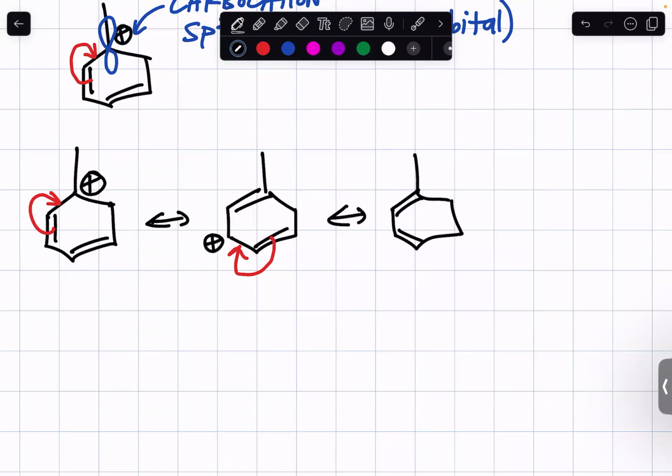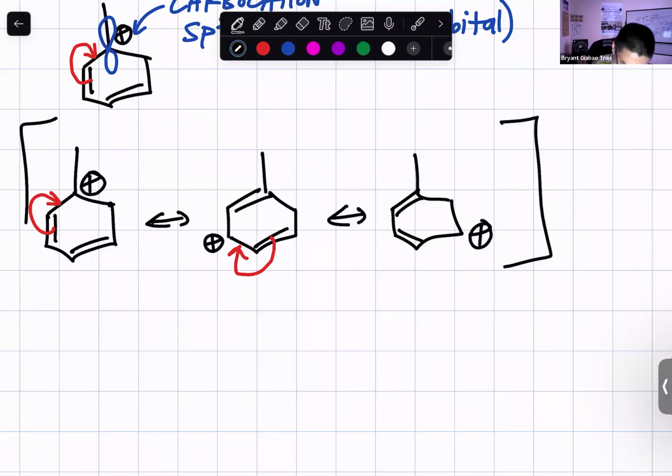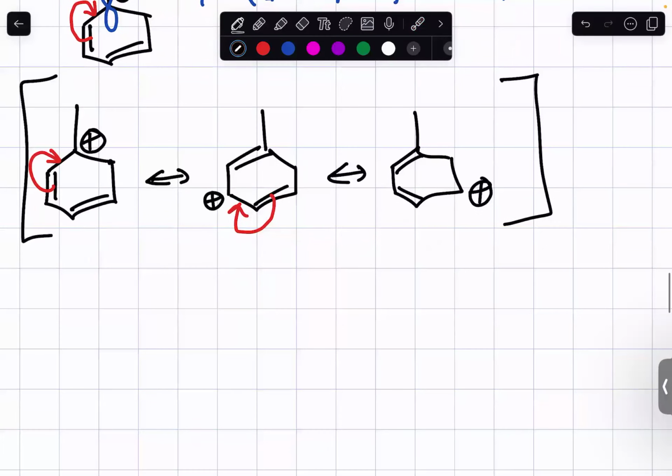Is it the plus charge, which would be on this carbon here that lost the bond? Notice how that carbon lost the bond after we did that arrow? So then that one would have a plus instead. Yes, that's where the plus charge will be now. So these are the 3 resonance structures they are looking for in this molecule. Okay, that makes sense.